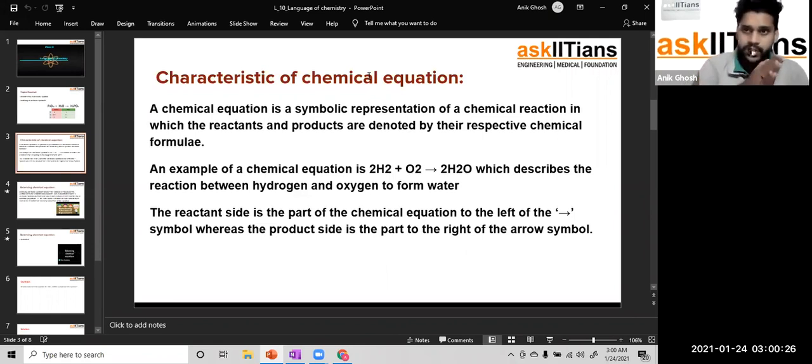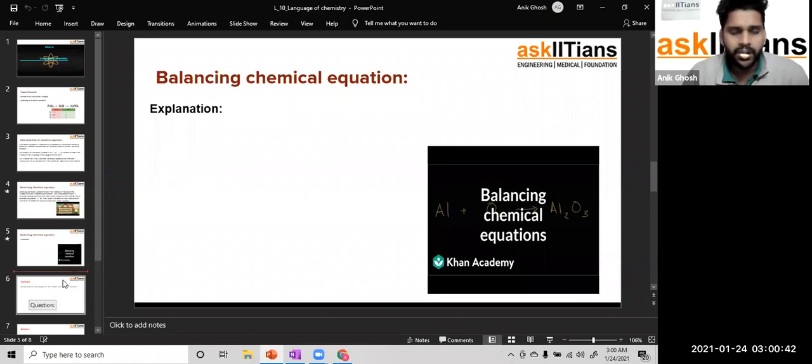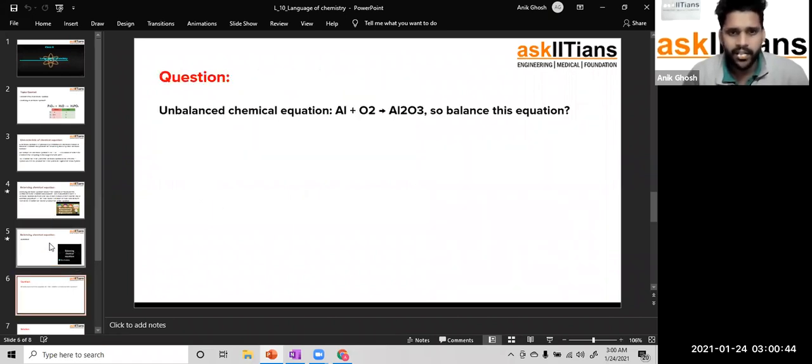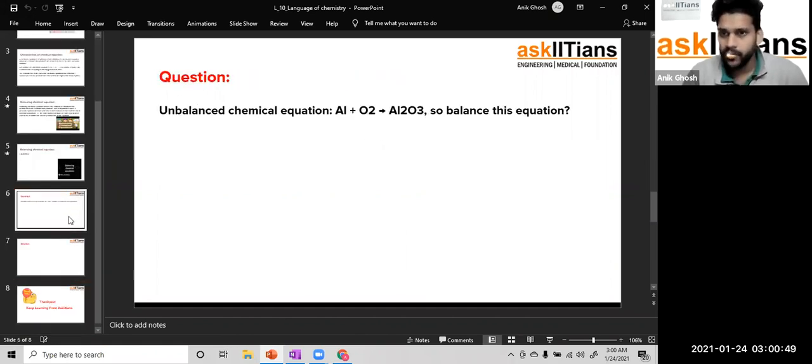It can be a word equation or a symbolic equation. The symbolic equation is the best way to describe a chemical reaction, because the states and the direction, each and everything, is represented. We have already completed this part, so go through this and try to solve this balancing part.